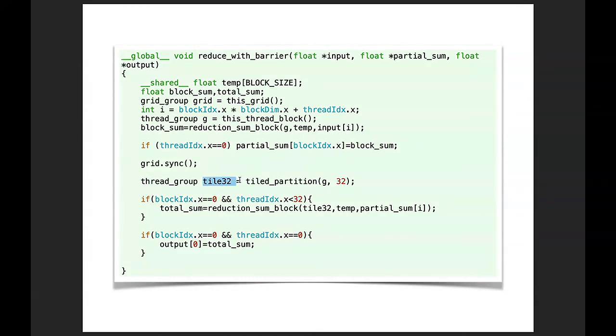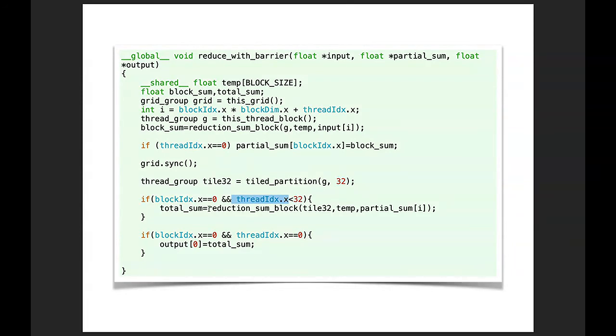And then I want only one of these tiles to actually do the sum on the partial sum array. In particular, I will only have threads within block 0, and within this block only threads which have ID less than 32. So I want only the first 32 threads in block 0 to do this sum.